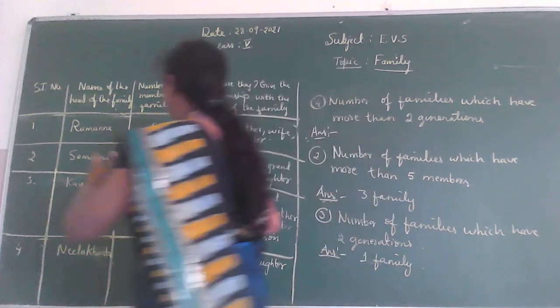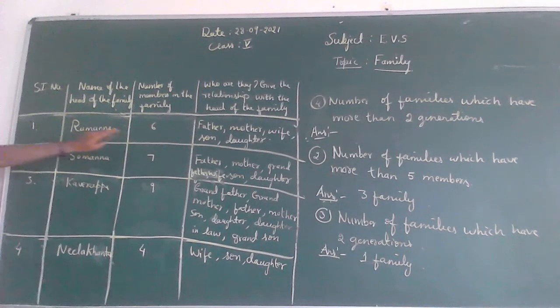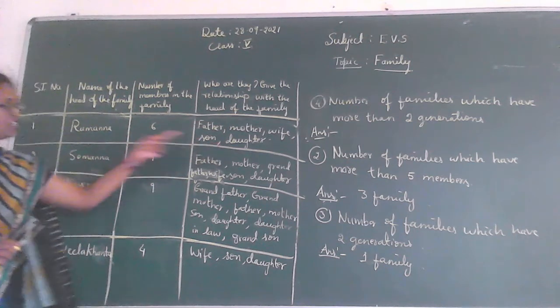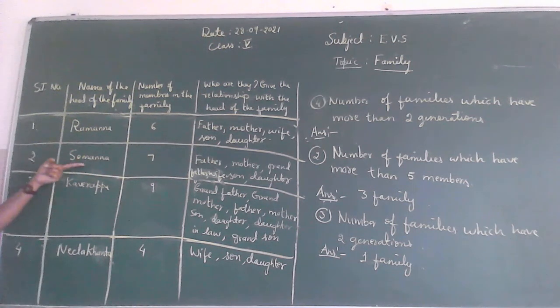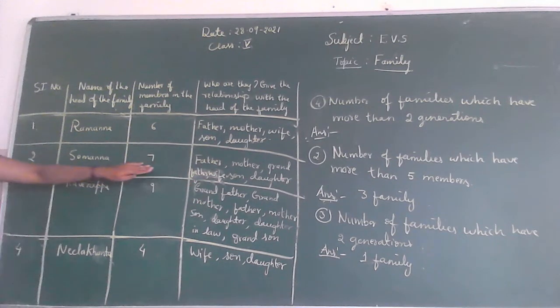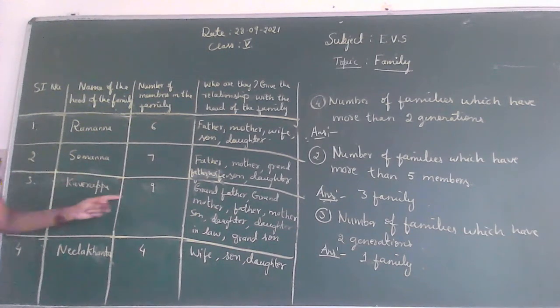So see here, the Ramana family has more than 2 generations. That's about 4 generations, is it? In Somana's family also they have more than 2 generations. I have told it has 5 generations, isn't it? In Kavyappa's family, we have learned that it is also a joint family.